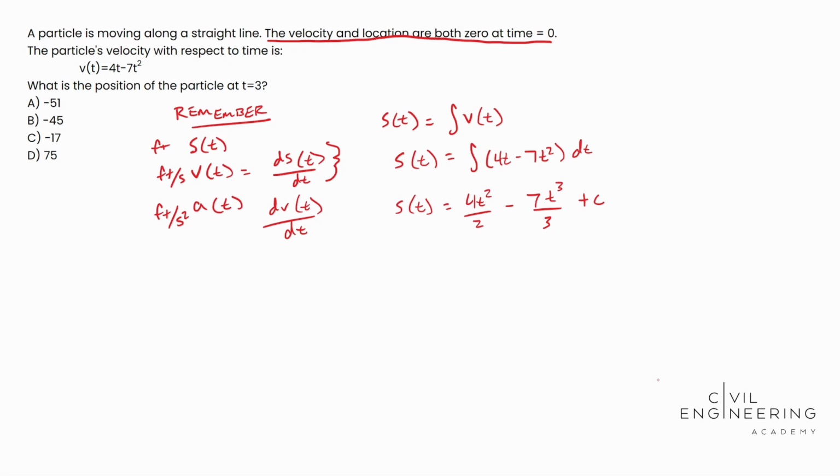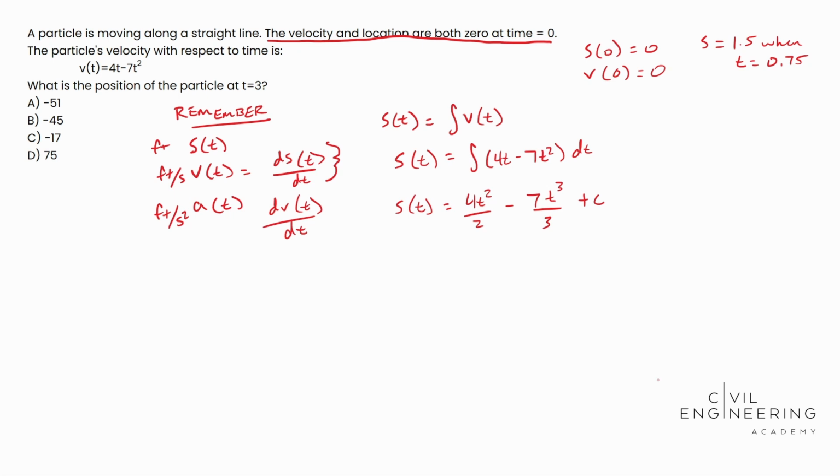So let's say theoretically, this problem just basically says up here s of 0 equals 0, right? And v of 0 equals 0. But let's say theoretically, the position is 1.5 when t is 0.75.